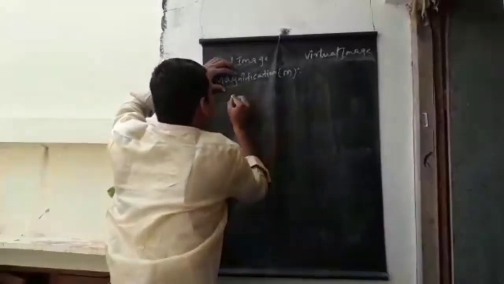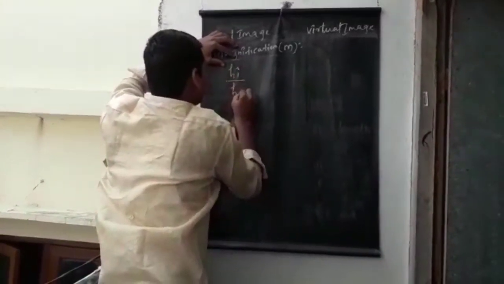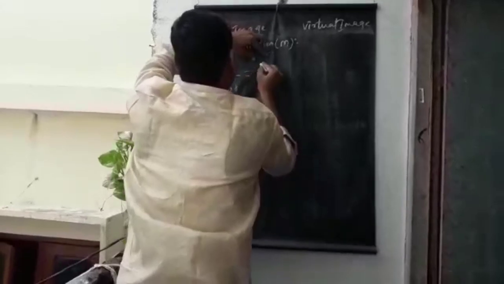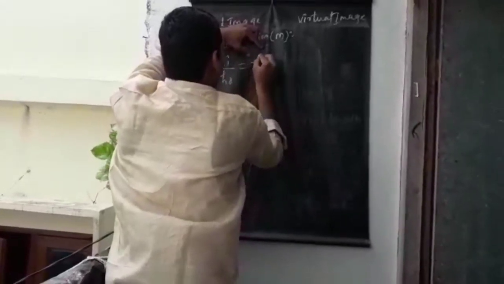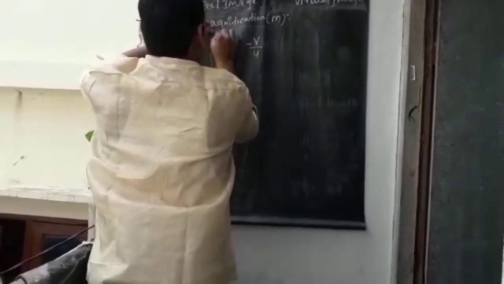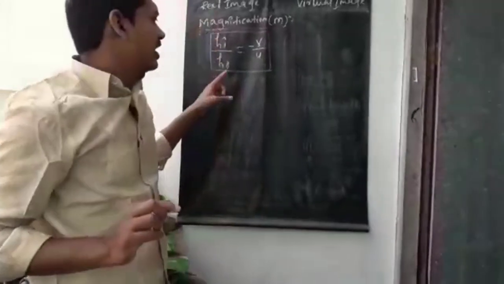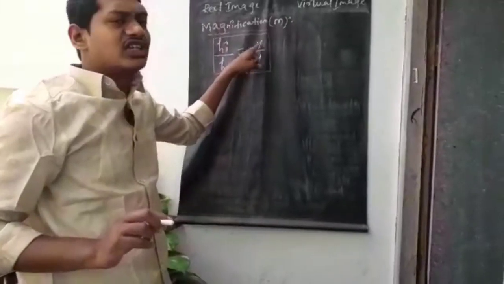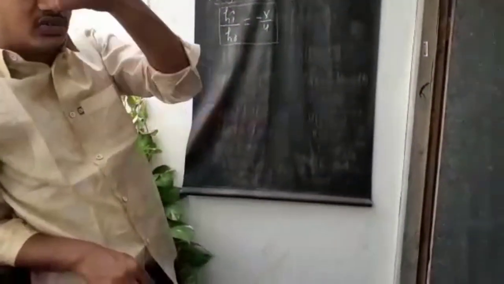So hi by h naught is equal to minus v by u. This is the expression of magnification for mirrors.